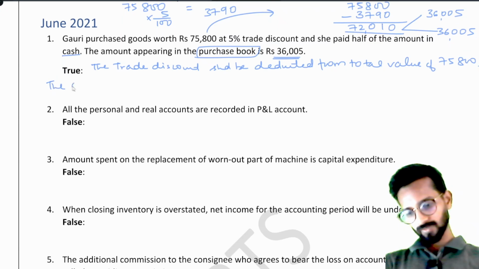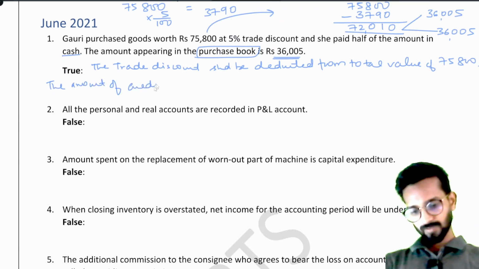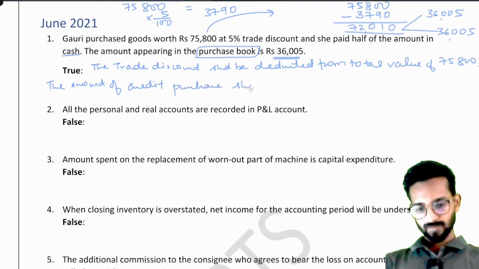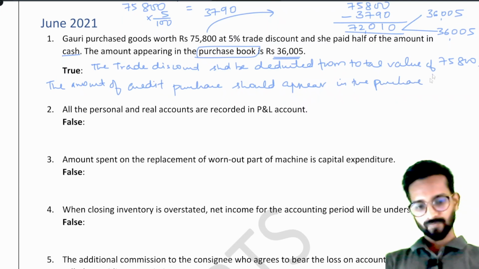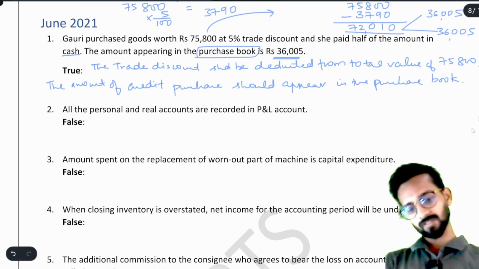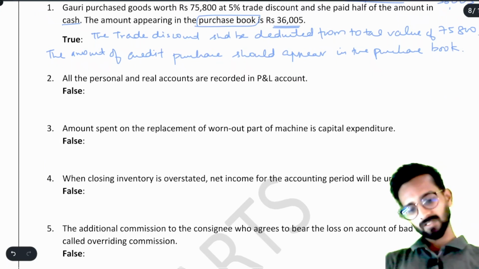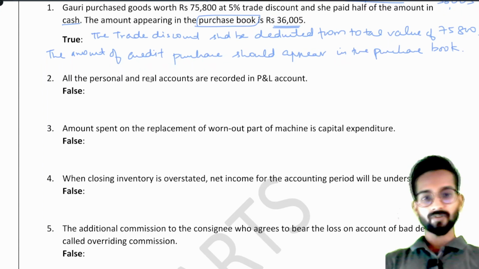Therefore, the amount of credit purchase should appear in the purchase book, and 36,005 is absolutely correct. Okay, all the personal and real accounts are recorded in P&L account. Obviously false. Why?